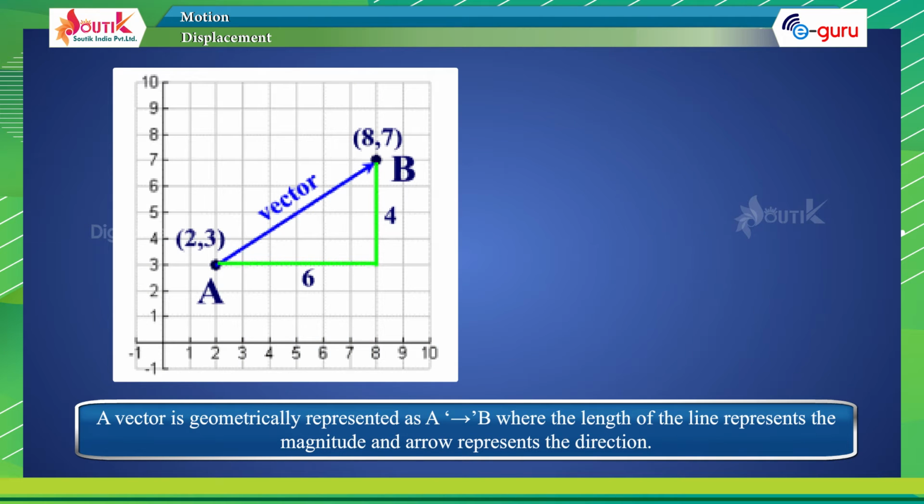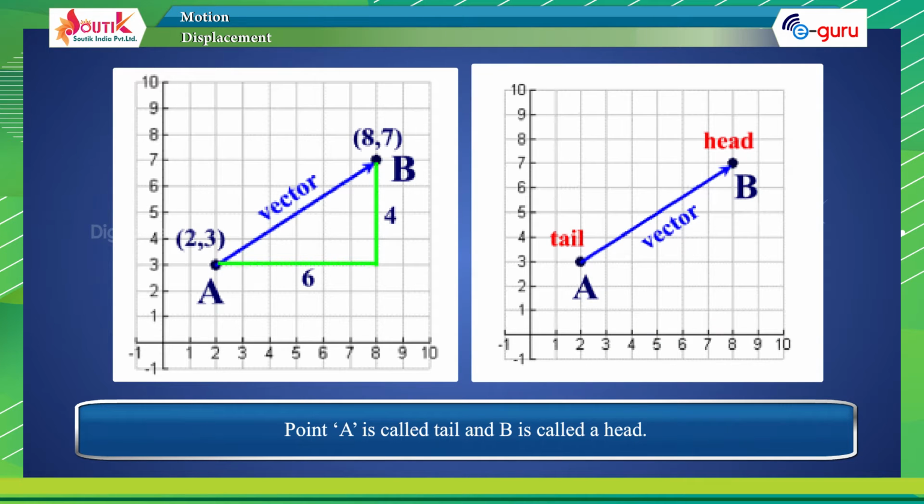A vector is geometrically represented as AB, where the length of the line represents the magnitude and the arrow represents the direction. Point A is called the tail and B is called the head.